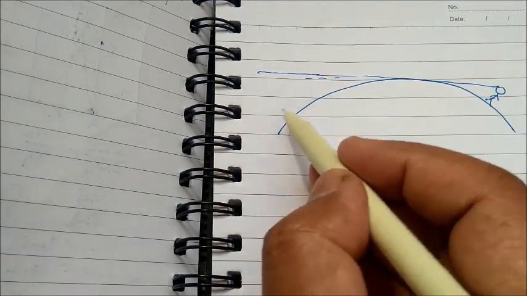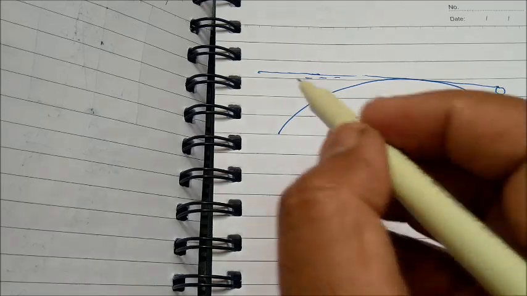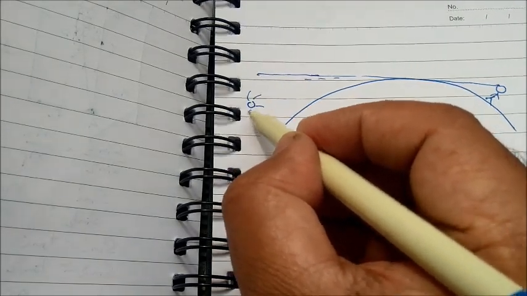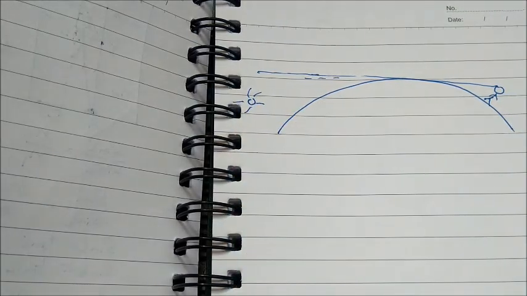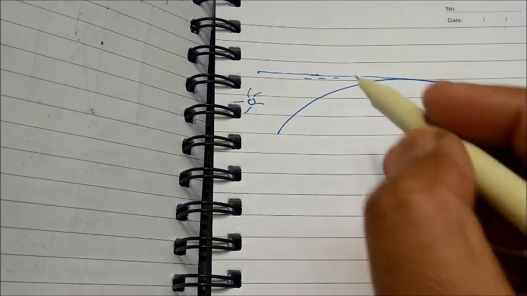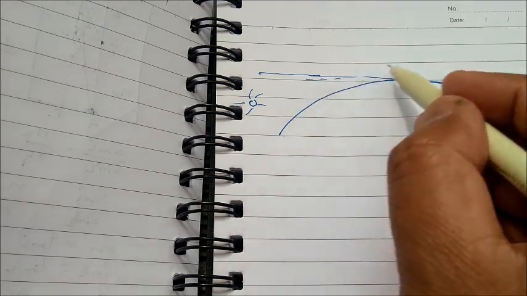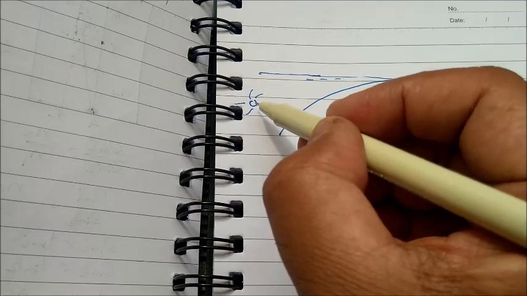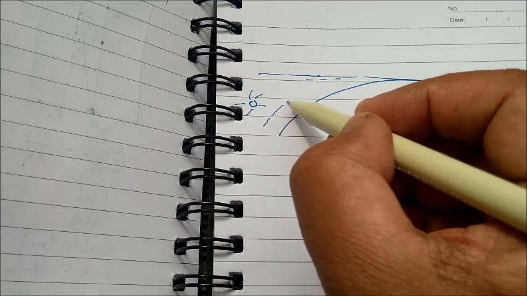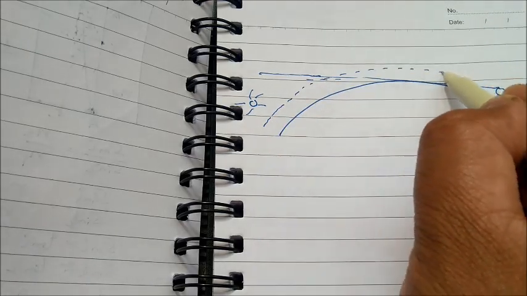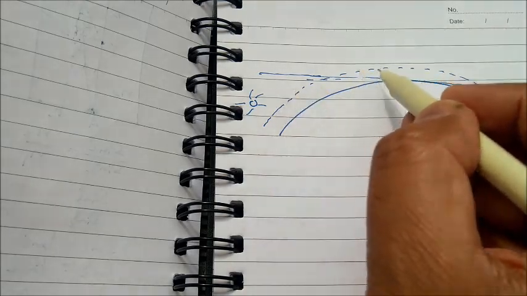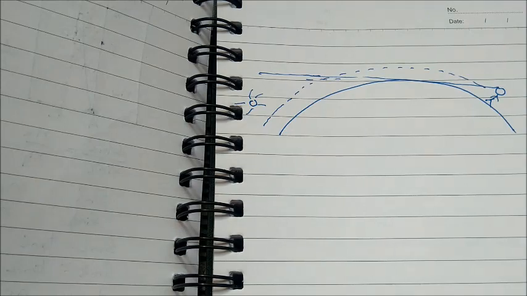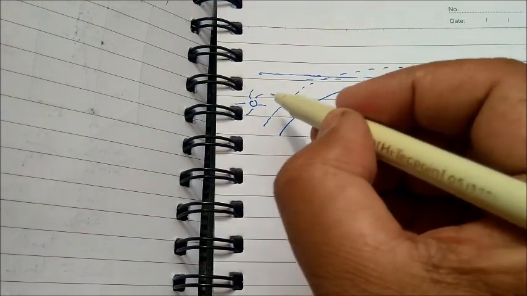So anything in this region will not be visible to this person. But let me see now what happens if I take the sun at this position. See now, Earth has its atmosphere, and then beyond the atmosphere there is vacuum. So when the light rays enter into the atmosphere, I'm considering just one layer. There are different layers of atmospheric air. Just considering one light ray.